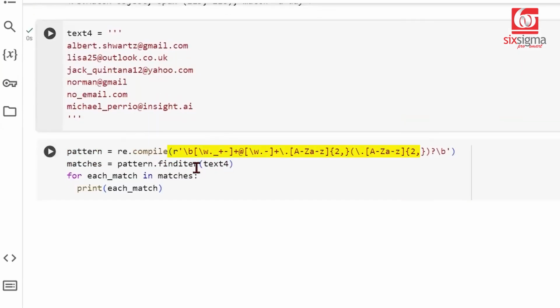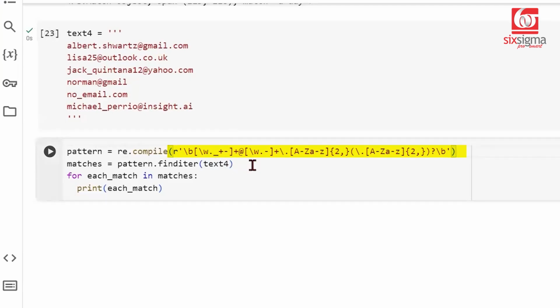So we are saying it could begin with a word character. It could have a dot, underscore, a plus symbol, or a hyphen. So we are allowing a plus symbol also in an email address. If you don't think that's allowed, you can always remove this. Otherwise, we are allowing a dot, underscore, plus, and hyphen here. And then we are talking about one or more occurrences of such patterns.